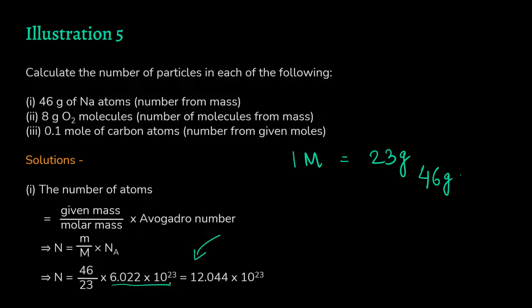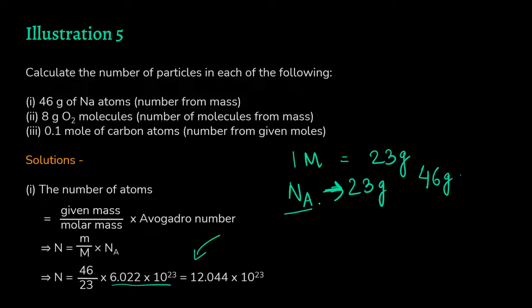So what we are doing here is simple. Since 1 mole of sodium has 23 gram atomic mass, and we know that 1 mole has the Avogadro constant number of atoms, this Avogadro constant would be there for this one particular sodium atom mass.